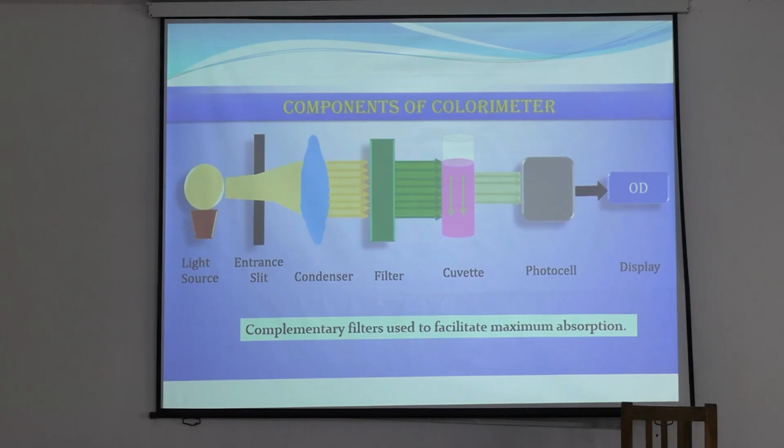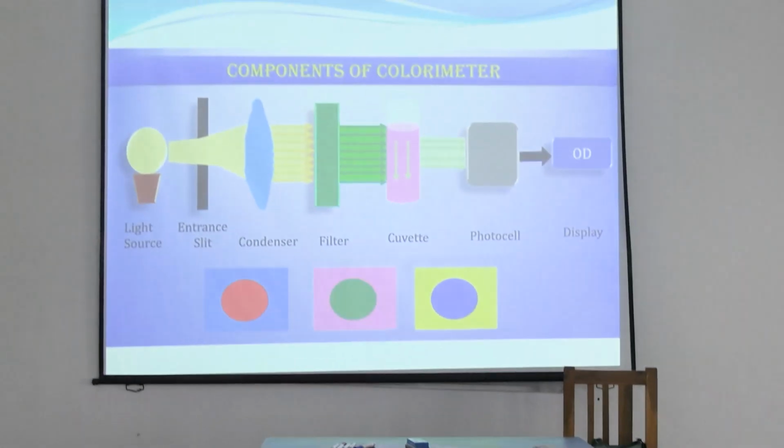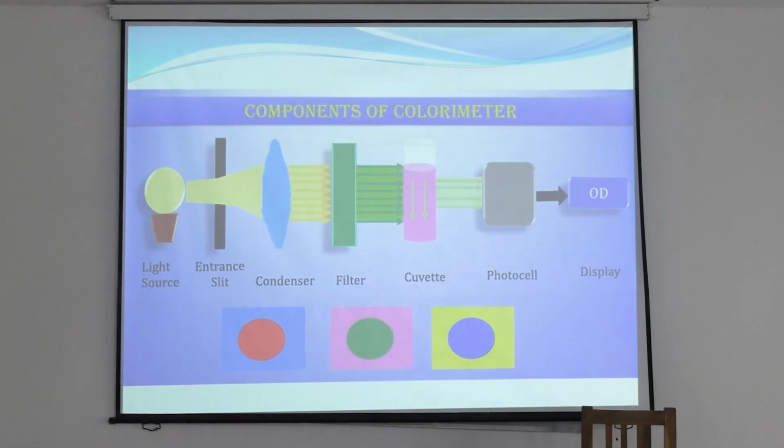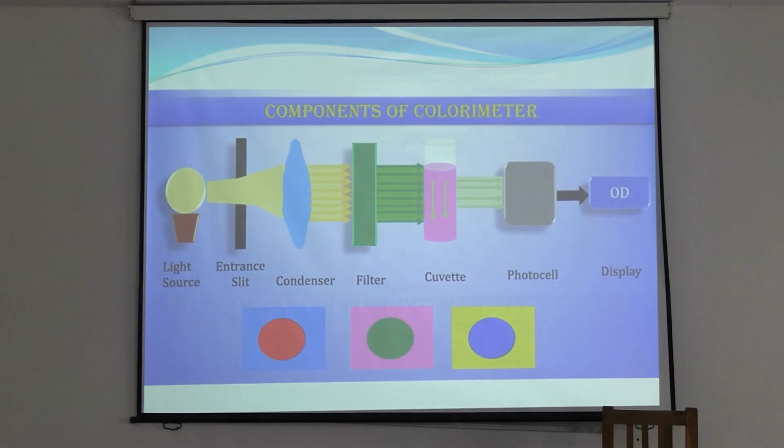Okay, if we remove pink from the white spectrum, it will be green. Or vice versa, if we remove the green color from the white spectrum, it will be pink. That is already provided in books. We already know which color is complementary to which color. So according to our product color or the solution color, we adjust our filter, and we have to put the complementary filter for that color to maximize the absorption.